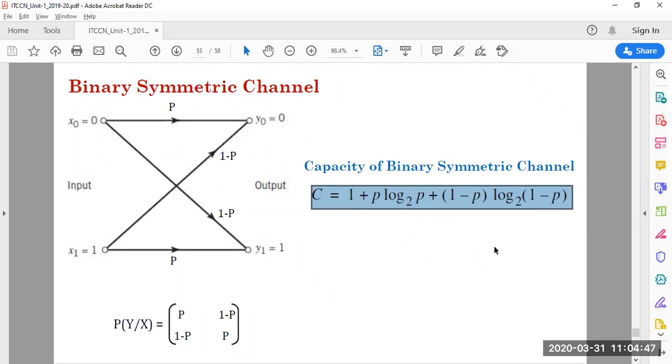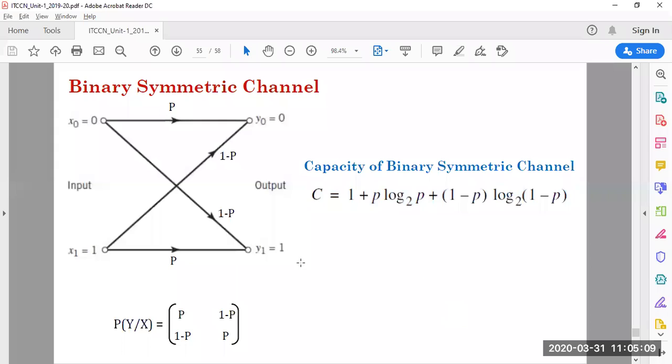I think this is clear to all of you, because the proof of this capacity of binary symmetric channel we have seen in the theoretical lecture in classroom, and this question was asked in the exam also. So I think you know how to calculate the capacity of binary symmetric channel.